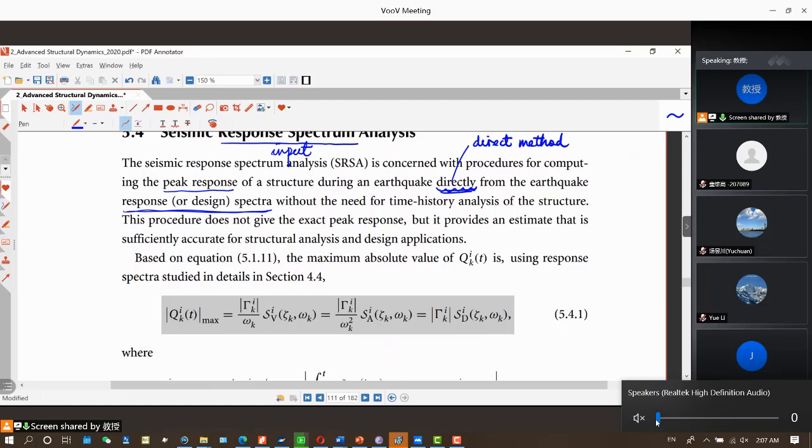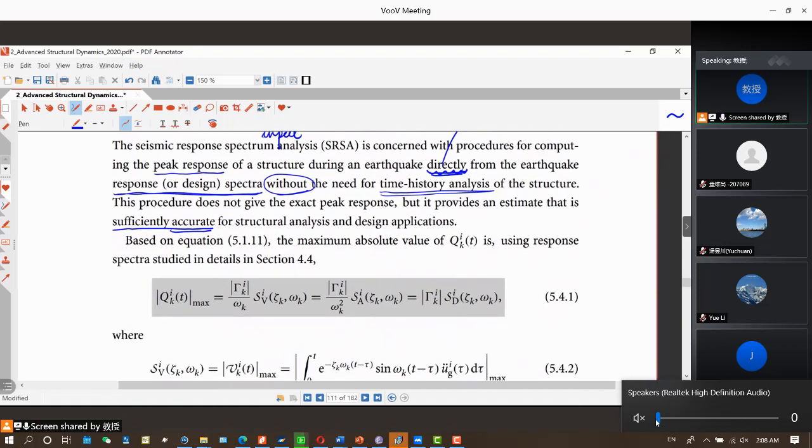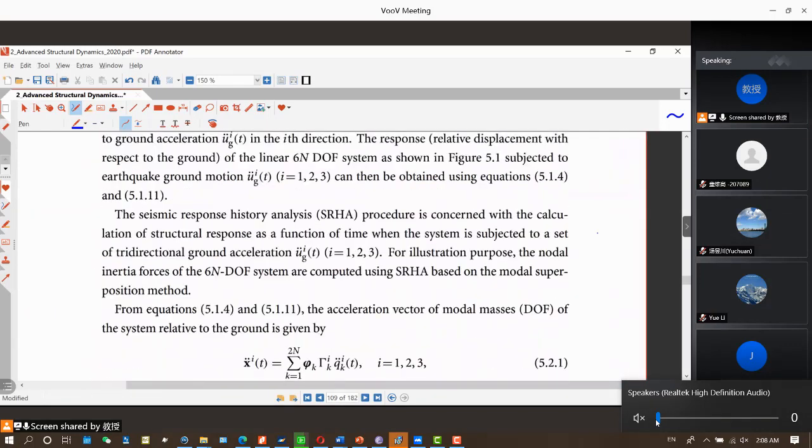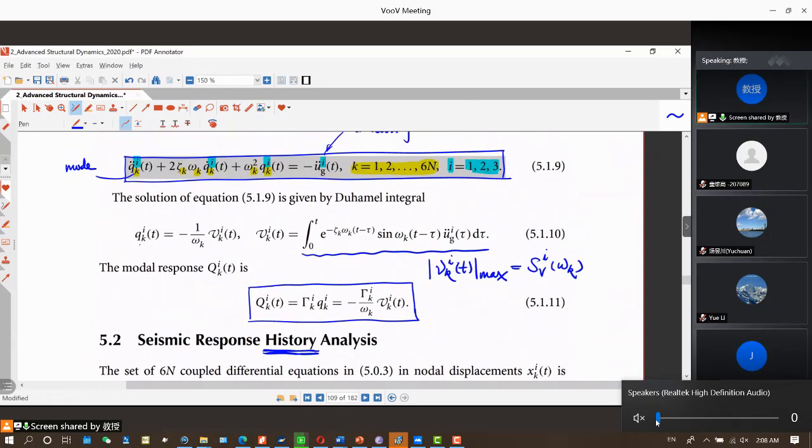Now, based on our previous equation, the modal response is given by this integral, the Duhamel integral. We can evaluate this numerically using the time history method. Now we use the response spectrum method. The maximum value is the maximum value of V, which is the velocity response spectrum.